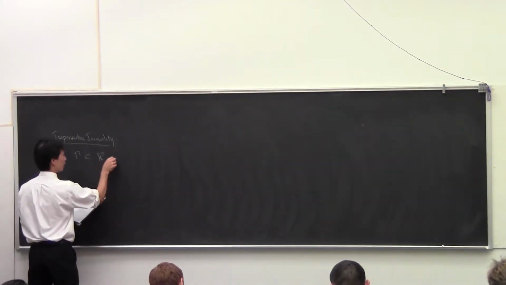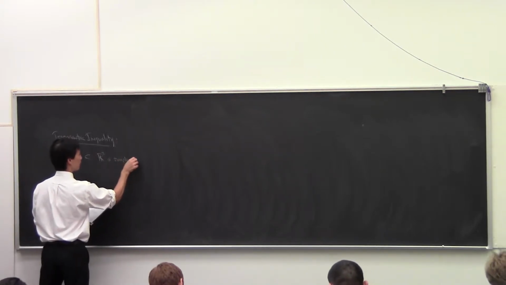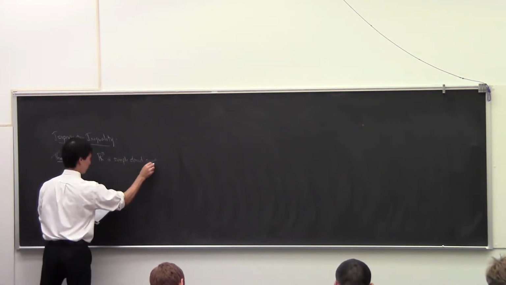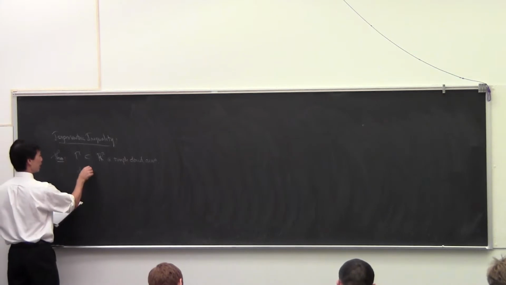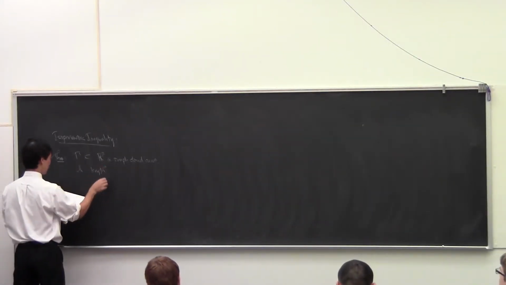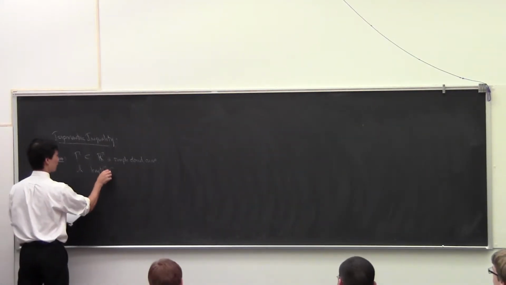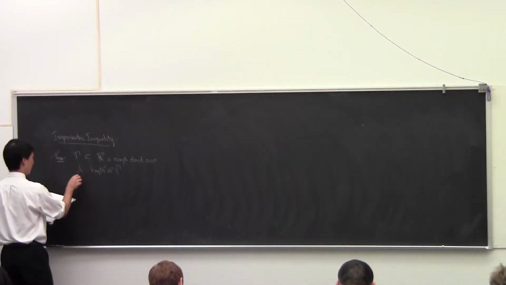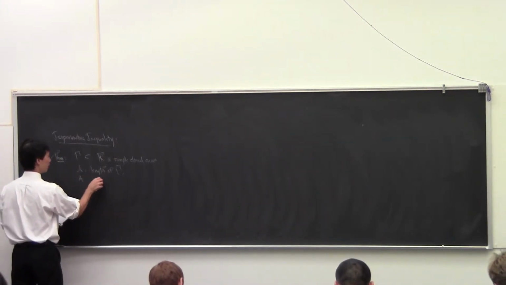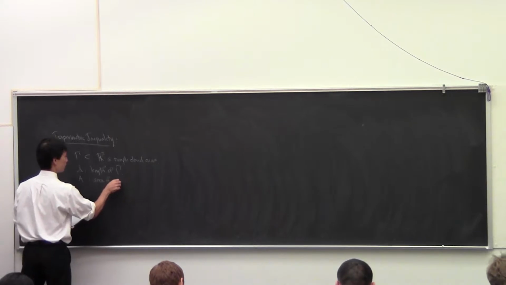You've got in R2 a simple closed curve, and it has length L, and A is the area of the enclosed region.